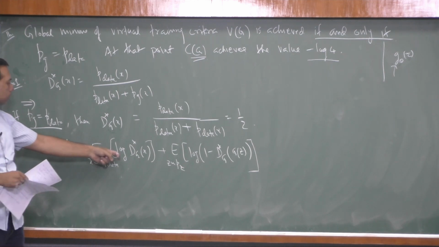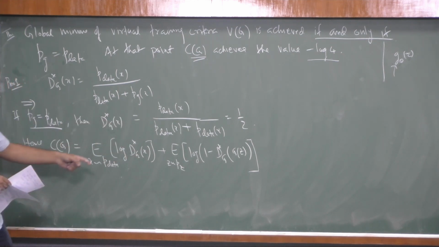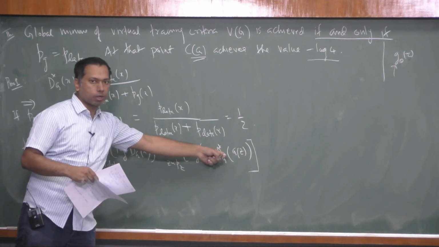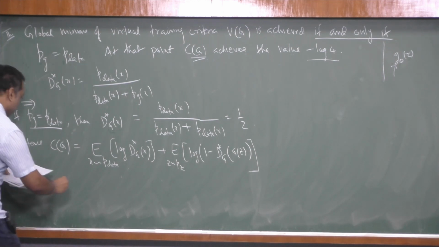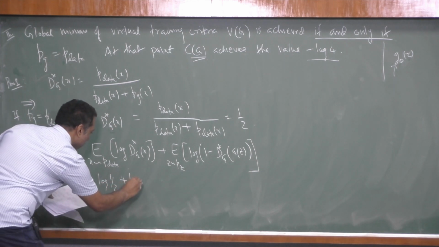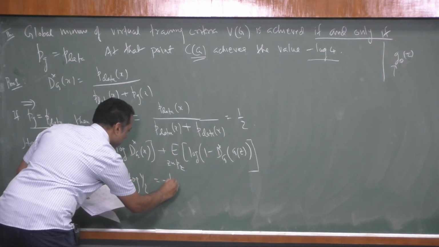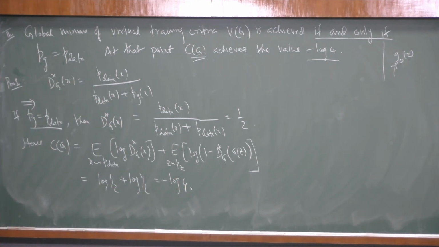What I am going to do next is replace D star by half. So there is a half here and 1 minus half here. So combined we should see minus log 4 overall. Okay. So this becomes log of half plus log of half, and this equals minus log 4. Okay, minus 2 log 2 is minus log 4.